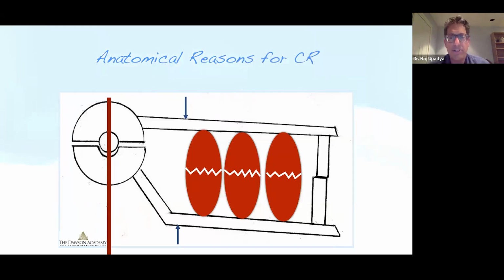So if we don't look for these situations and we do some significant full coverage restorations, all of dentistry could be at risk. So we want to see, is this present? Is it something that needs to be addressed? And if so, we want to make sure that we create a system where we have a seated condyle in the fossa, and we want to make sure that we have a stable occlusal scheme as well.